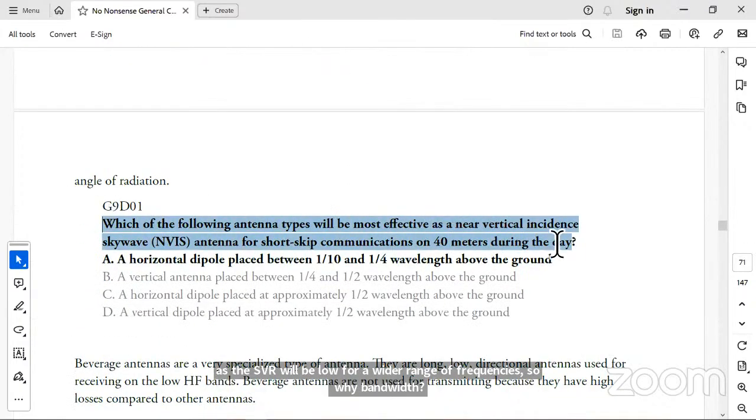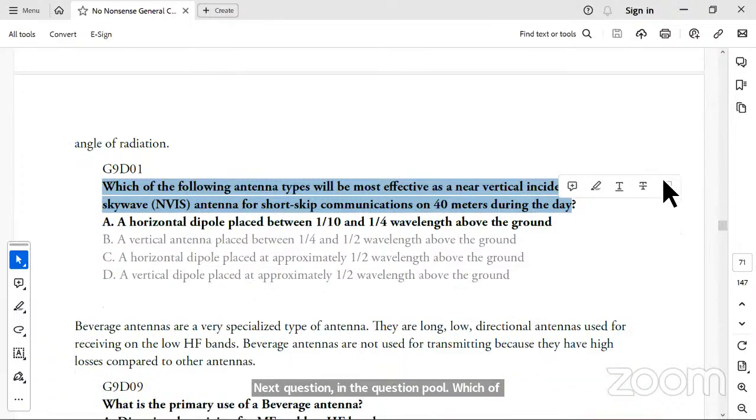Next question in the question pool. Which of the following antenna types will be most effective as a near vertical incidence skywave or NVIS antenna for short skip communications on 40 meters during the day? So that's a pretty long question. Let's dissect it a little bit. So what are they asking about? Which of the following antenna types? But for what use? For NVIS use, right?